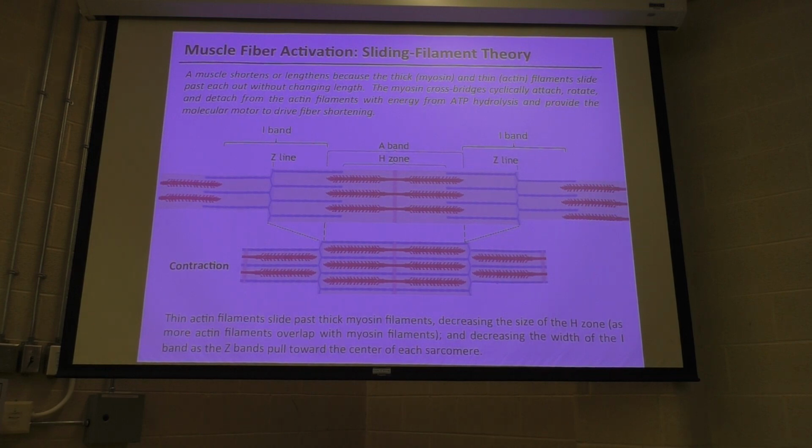Okay, so how does this sliding work? Basically, or how does this contraction work? So the shortening goes from outside in. So Z lines sort of mesh together, or they start getting close together, and then the actin filaments touch, and in some cases, when you're really shortened, they overlap.